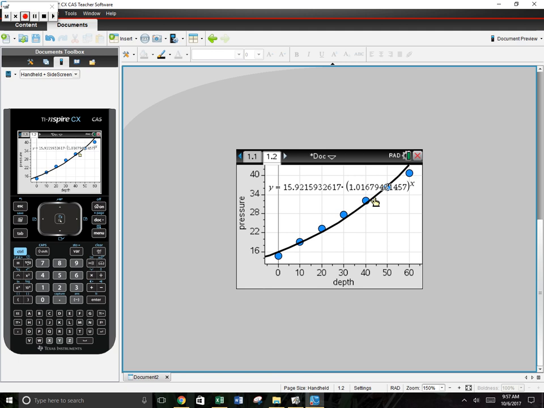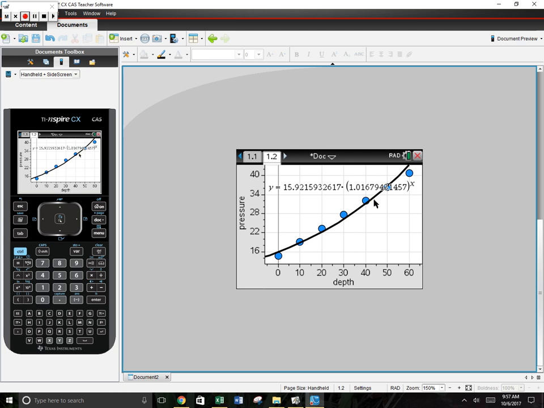All right, so y equals 15.921516 times 1.0168.